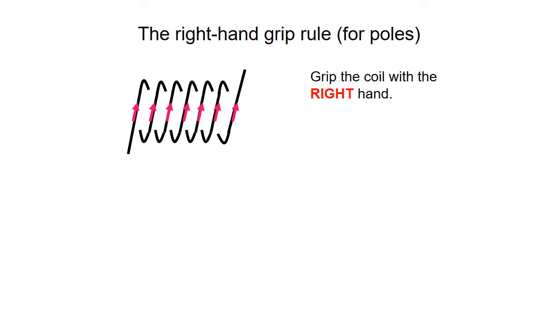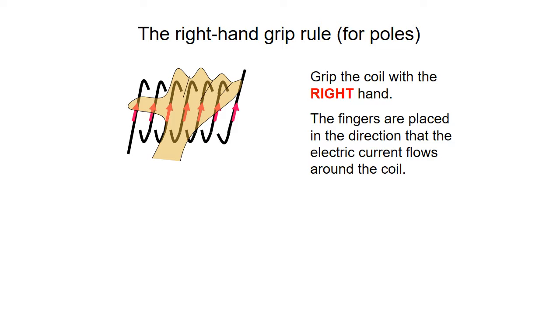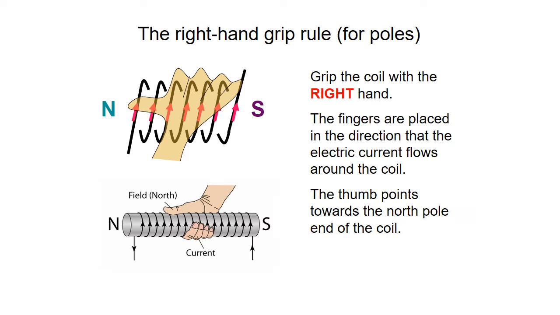If you grip the coil with the right hand, just like that, more kind of a duck's hand, but still, that's an animation, so that's a hand, the fingers are placed in the direction of the current flowing around the coil, and the thumb therefore points towards the north pole at the end of the coil. So that's the right hand grip for poles.